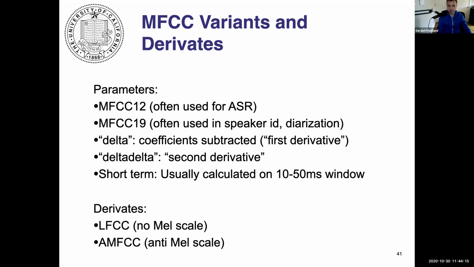And then delta and delta delta is when you say, okay, I'm taking MFCC 12, but now I'm also taking the deltas between those coefficients, which would be 11. And then the deltas between those deltas, the delta deltas, would be 10. So you end up with 12 plus 11 plus 10 when you have MFCC 12 delta delta delta.